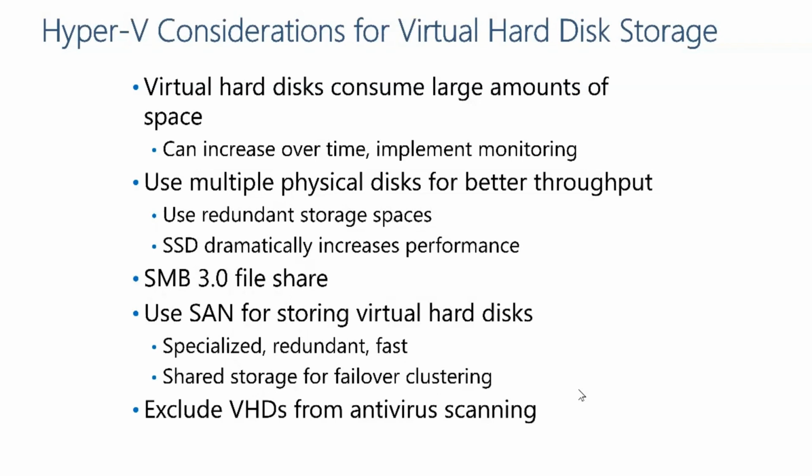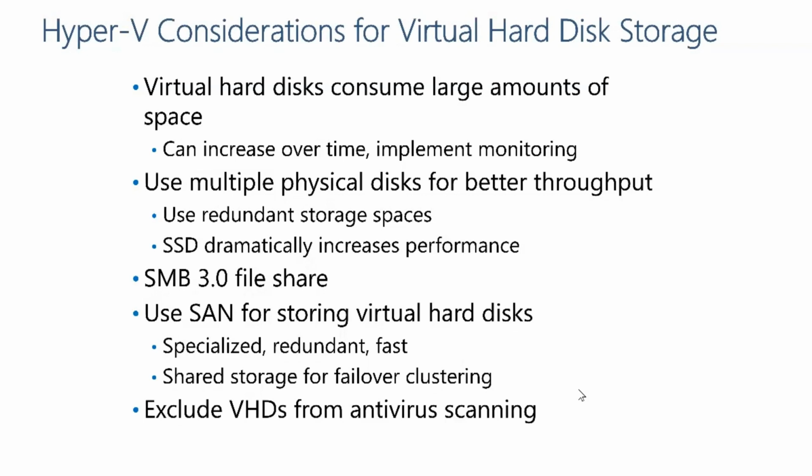SMB file shares, SMB3 file shares, so like I mentioned last week, you can create a shared storage from a Windows server. So you turn that Windows server into a SAN controller, basically, and you can create what's called a share for applications. Okay, that's not your normal right-click share. That goes through your server manager, you create a new share for applications, and that becomes an SMB3 share, and that's where we can actually put our virtual machine files.